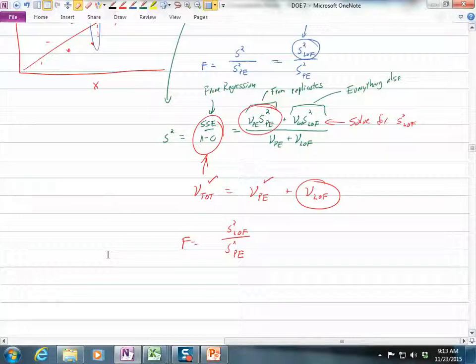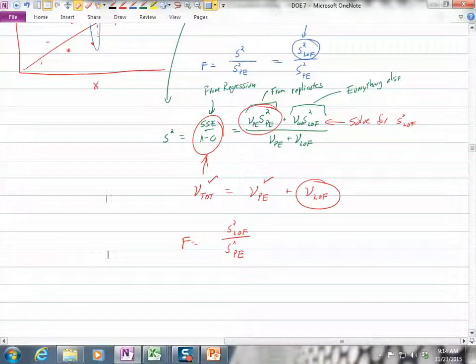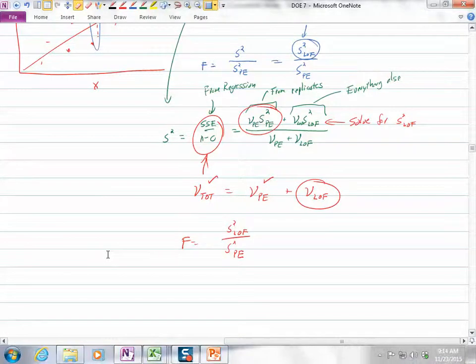That's saying the model should get about as close to those points as the replicates are close to each other. If our model's no good, then this top guy is going to be big, right? Our model's going to be far away from our points, much farther than the replicates are in proximity to each other.